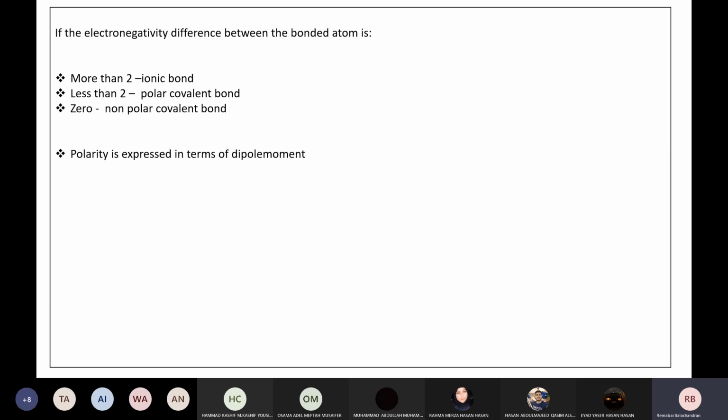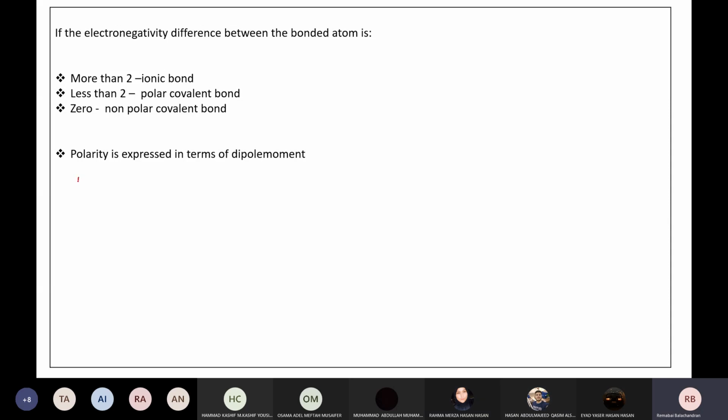The next sentence is: polarity is expressed in terms of dipole moment. Did you understand something? Yes, doctor. Okay, all of you understood? See, I will give you an example.